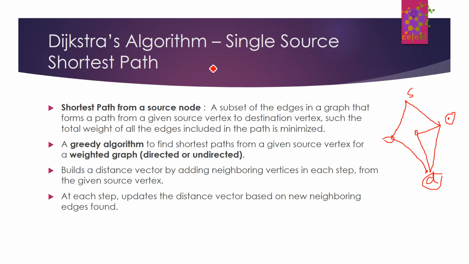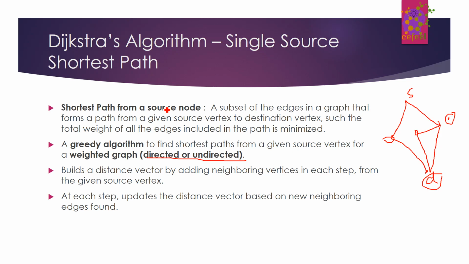So Dijkstra's algorithm is again a greedy algorithm, which means at every step it computes some value and then updates it based on any new information that it has gathered from the new vertices. It works for directed as well as undirected graphs, and the basic idea is it has a distance vector, which means a vector containing the distance to all the given vertices of the graph, and in every step it will explore new vertices and then keep updating those distances in the distance vector.